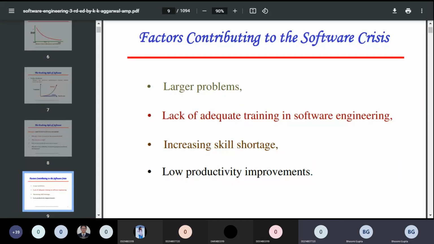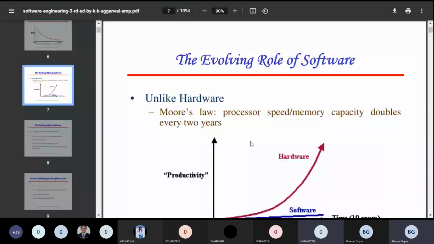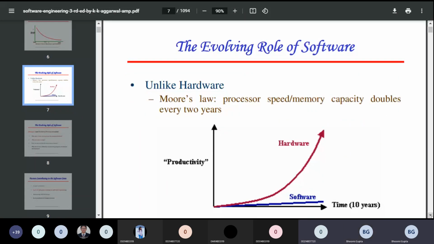In the last slide, the hardware memory and processor speed double every 2 years. But why is the software slope flatter?